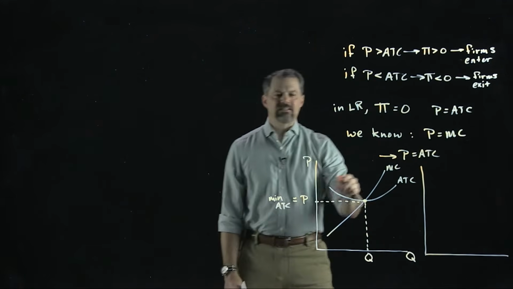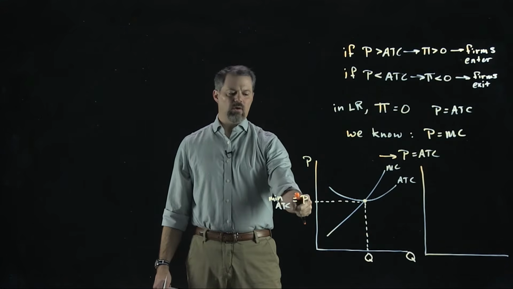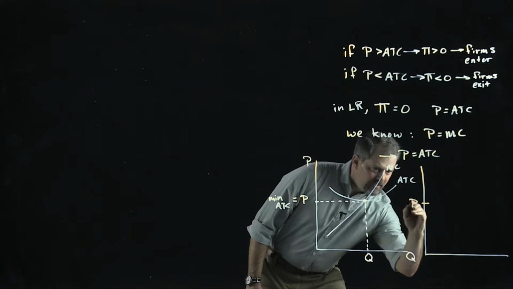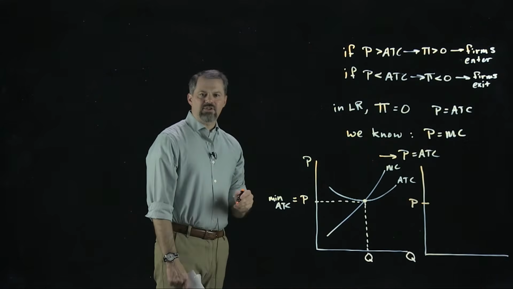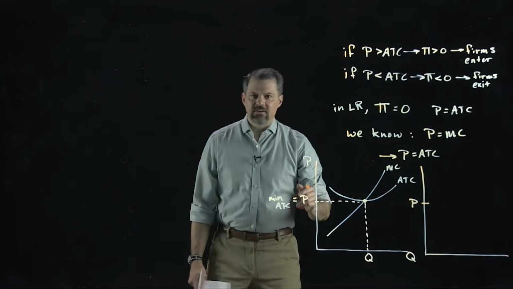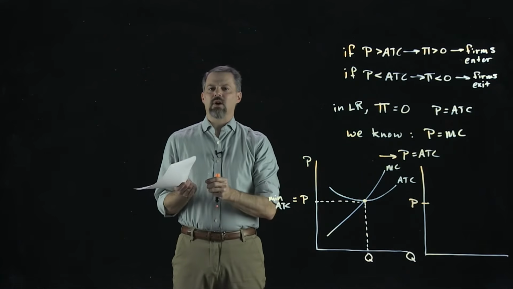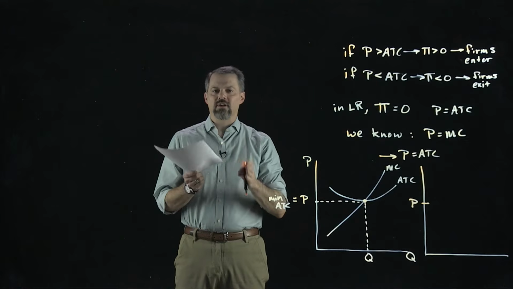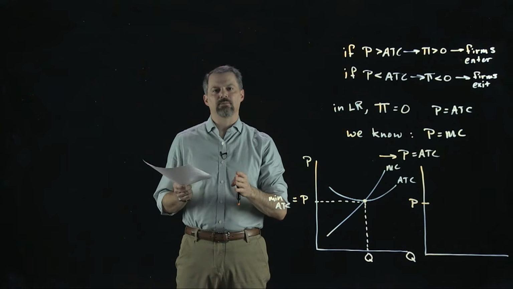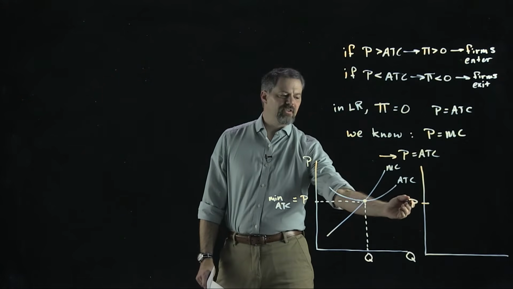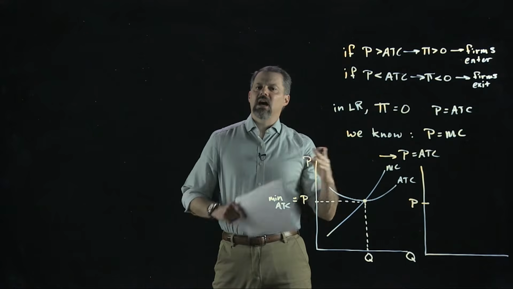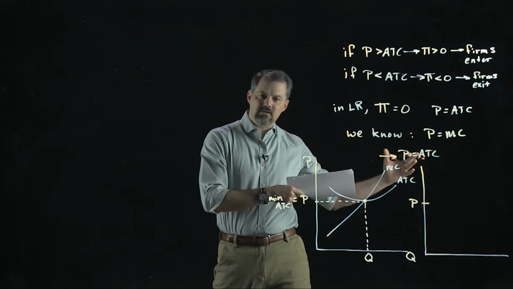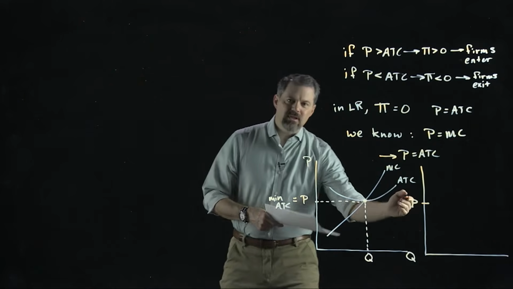So what this means is that in the long run, price is always going to be driven back to this price right there where it's equal to the minimum average total cost for the firm. It doesn't matter if there are a few firms in the market or a lot of firms in the market. If there are a few firms, then the total market quantity would be relatively small, but price would be equal to this price. If there were a lot of firms in the market, then quantity would be relatively large, but price would still be equal to this.